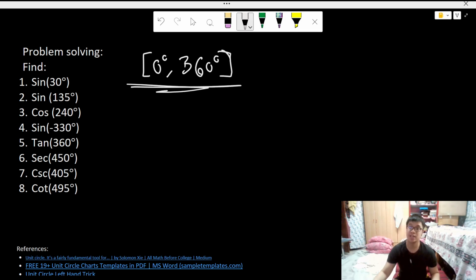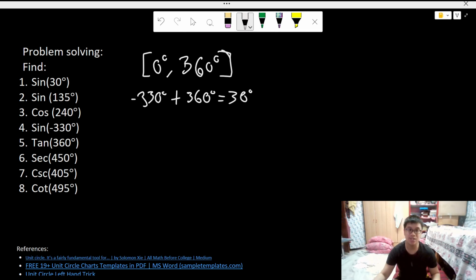Since negative 330 degrees is beyond this interval, we're going to add 360 degrees, so that we can expect that the angle will be within this interval. So negative 330 degrees plus 360 degrees, the answer is 30 degrees.